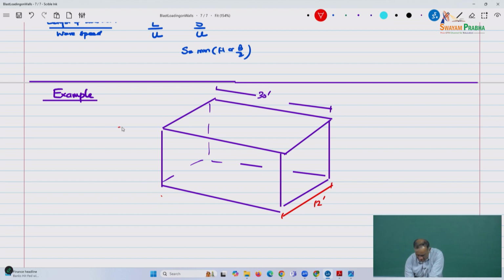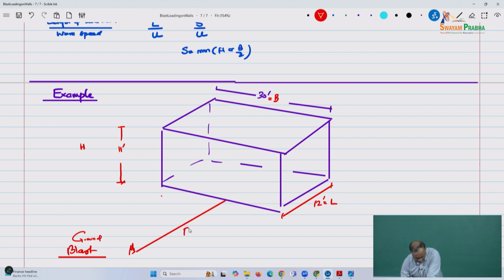And this height is 11 feet. So let's say this is the height, this is the width B or W, this is your L. And so it's on the ground, blast standoff distance is R, which is 100 feet. And the TNT value I have chosen is 800 pounds.